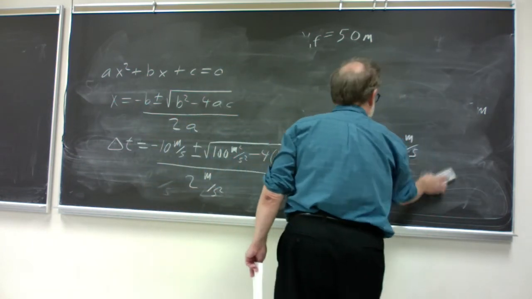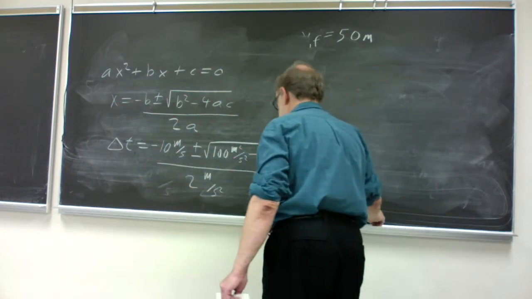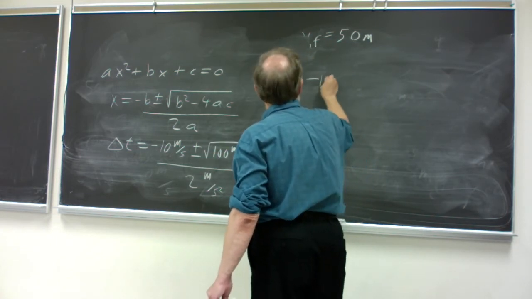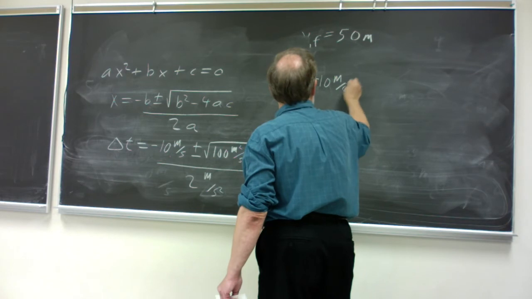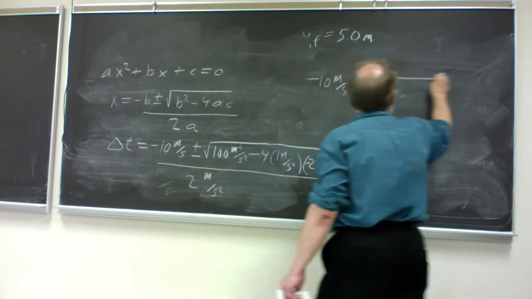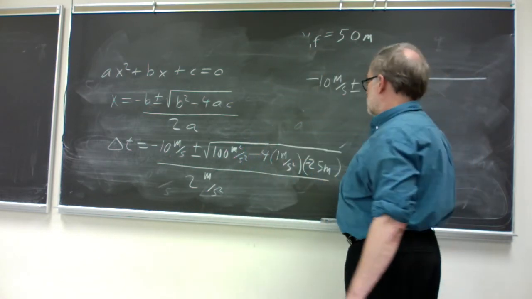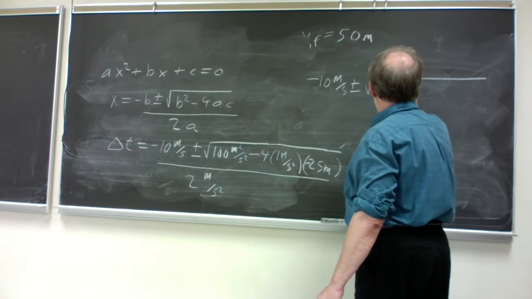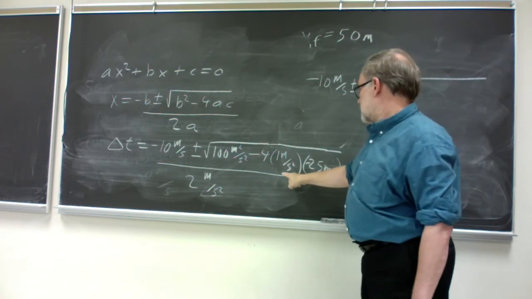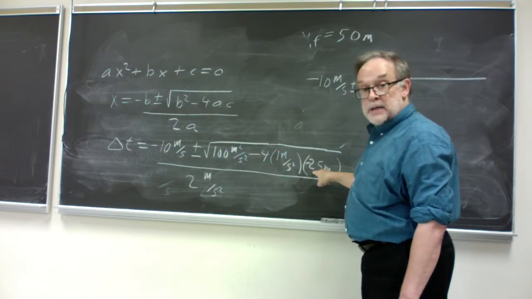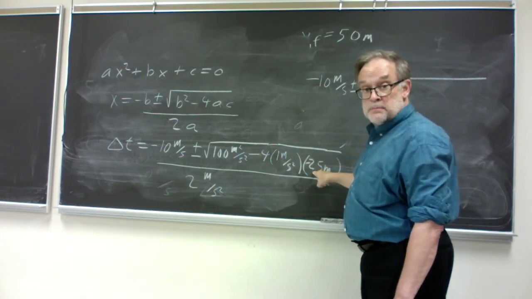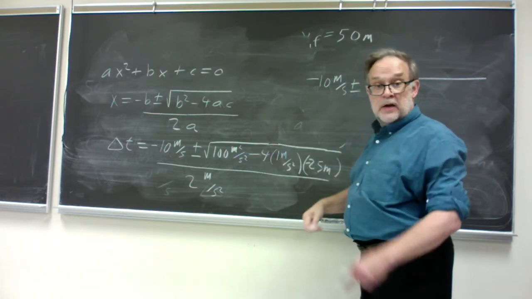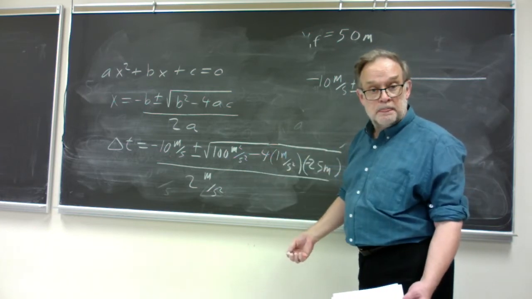Let's simplify that a little bit. Minus 10 meters per second plus or minus the square root of 100 meters squared per second squared. And then here's 4 times minus 25. Well, minus 4 times minus 25 is plus 100.